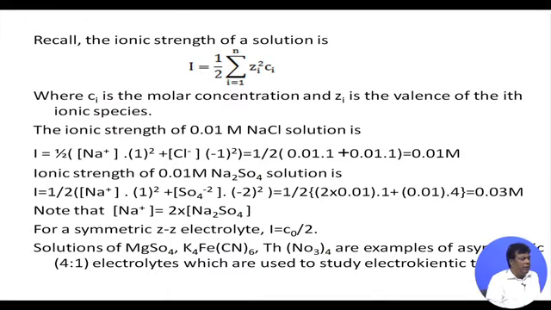Now, if we have a salt like Na2SO4, in that case the ionic strength I is not exactly C0 by 2.